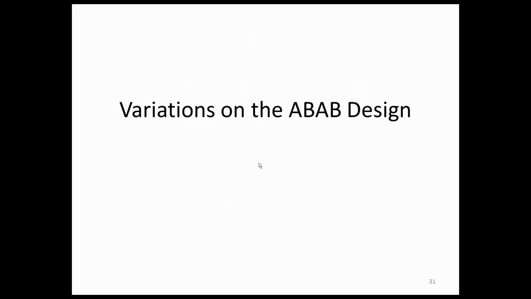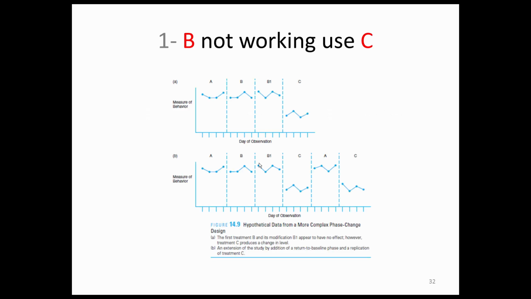Also, there are some variations of the ABAB design. One variation is you change your treatment. So if your B treatment is not working, you intensify your B treatment, and then if it's not working, even the intensified version, you start a different treatment.